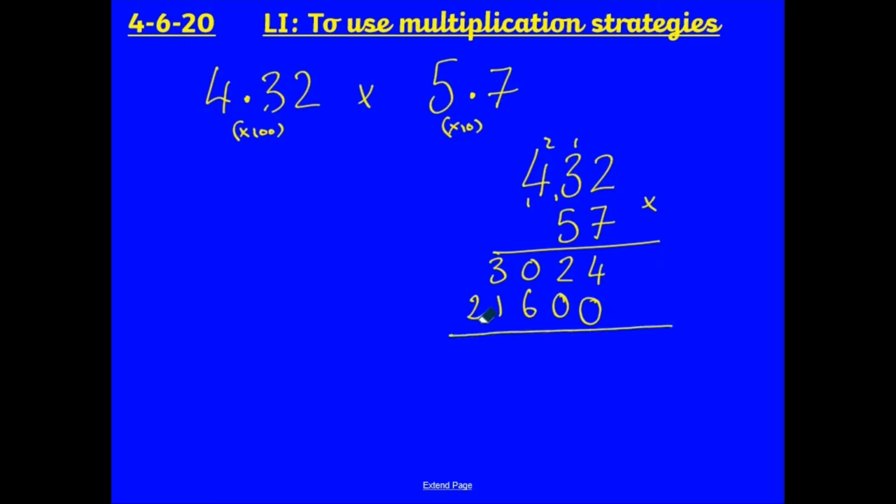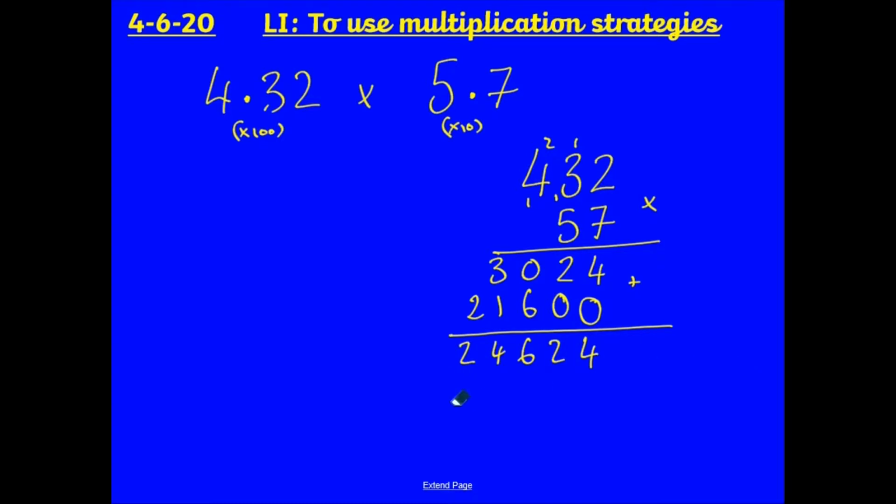And then I can add them together. My next step. So it's 4, 2, 6, 4, and 2. But you'll notice that that obviously doesn't work for that. 4.32 times 5.7 is not 24,624. I've got to put in my decimal places back in. Now, there's two ways of looking at this.